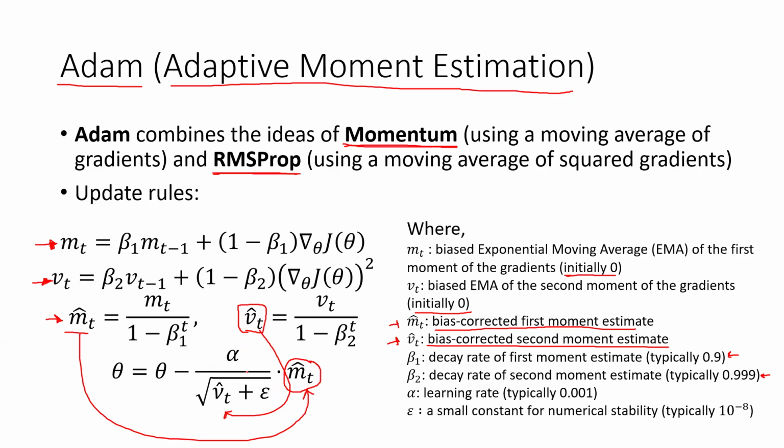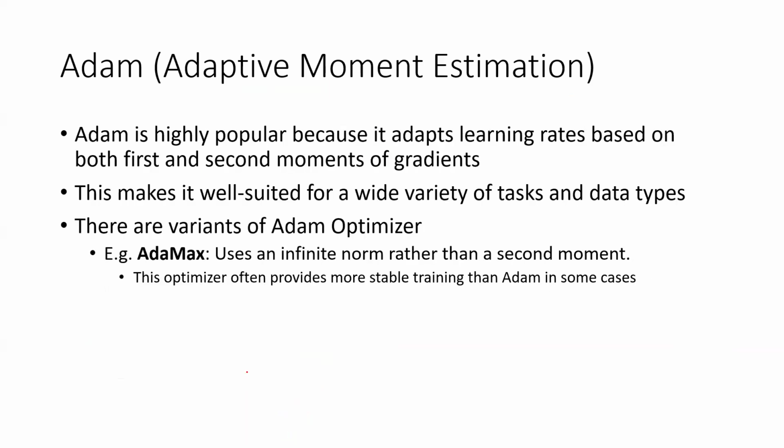When you are writing a deep learning algorithm, generally you can use the Adam optimizer without much research into it, and because of that, it is the most popular optimizer used these days, right?